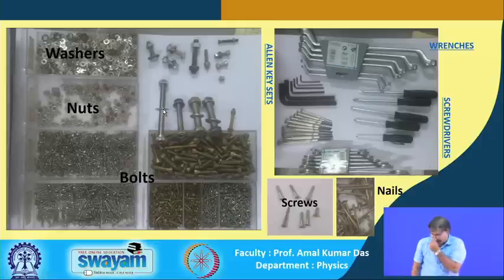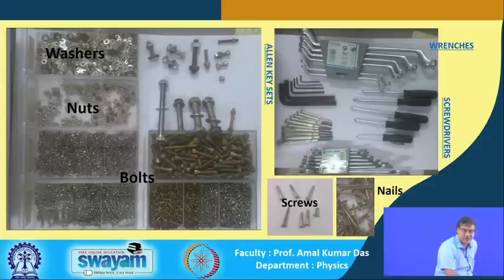I think I can use the pointer. So, this is the washer, this is the bolt and this is the nut, right. There are various kinds of washers here, nuts are here, and these are all bolts, and these are screws.